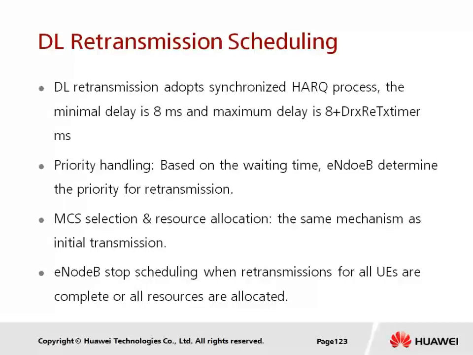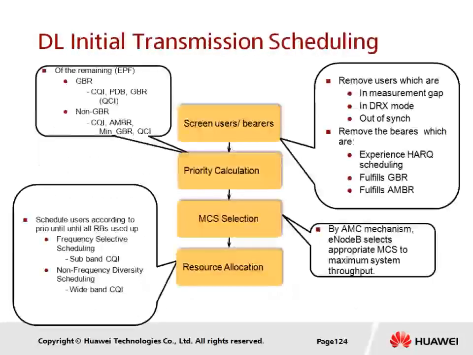So just remember that the eNodeB always tries to finish off the data which has been sent and is now pending for retransmission, so they are all with higher priority. As for modulation and coding scheme, and also the resource allocation, they use exactly the same mechanism as initial transmission. So the eNodeB stops scheduling when the retransmission for all users is completed or the resources have been allocated.